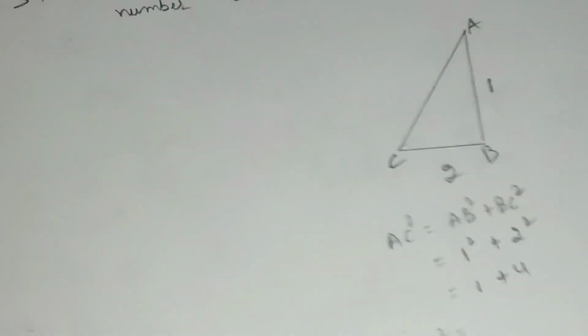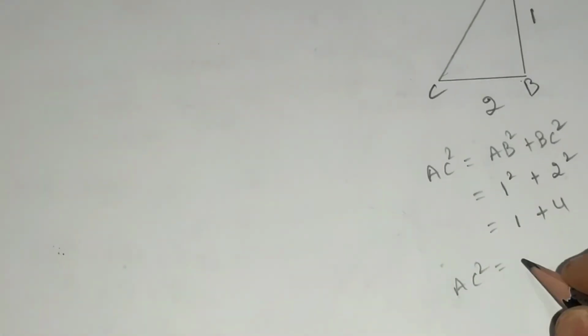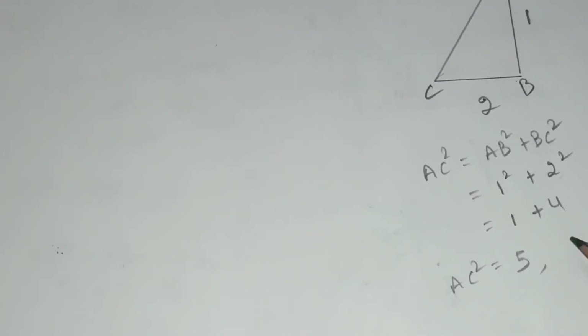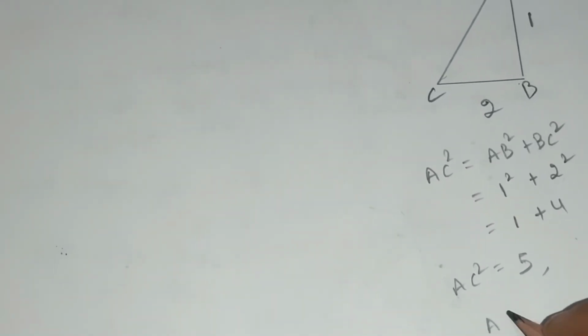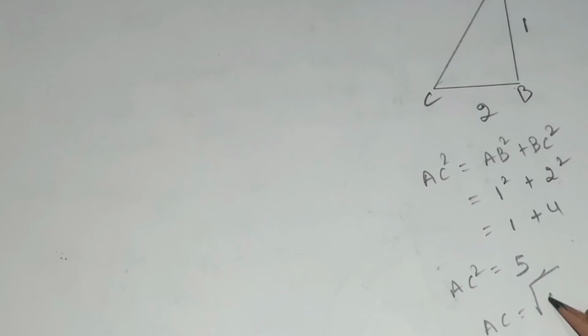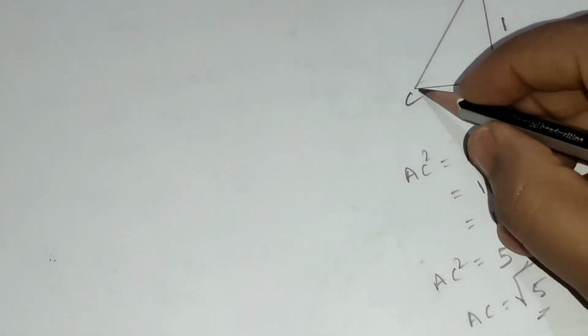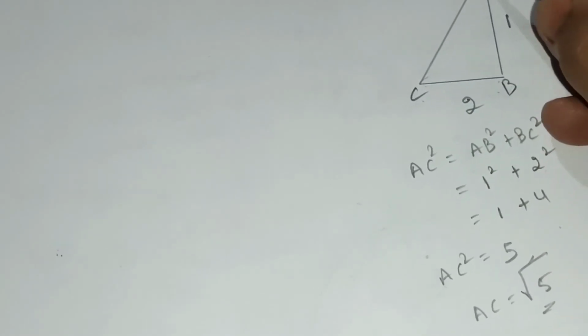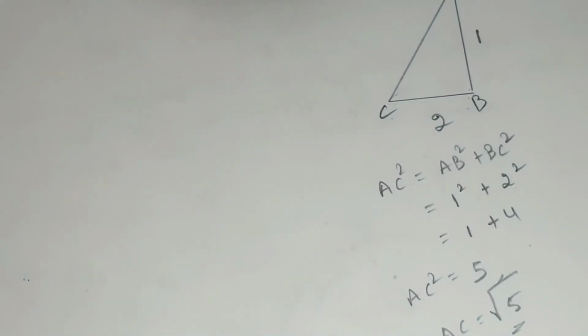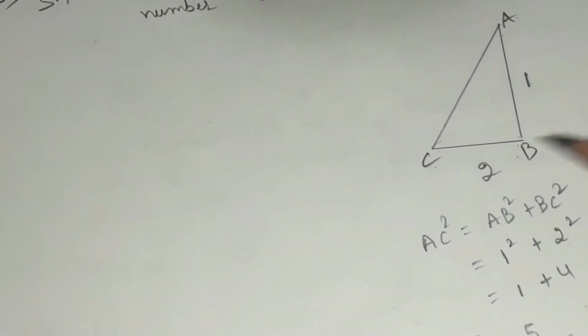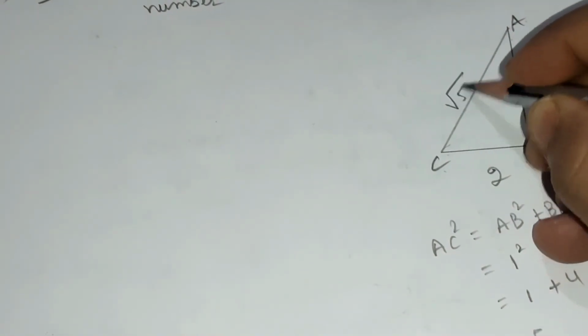AC square is equal to 5. Then, AC is equal to root 5. Therefore, you have to take base as 2 units and perpendicular length as 1 unit in order to draw root 5 on the number line.